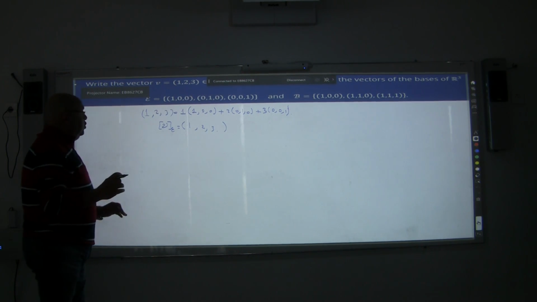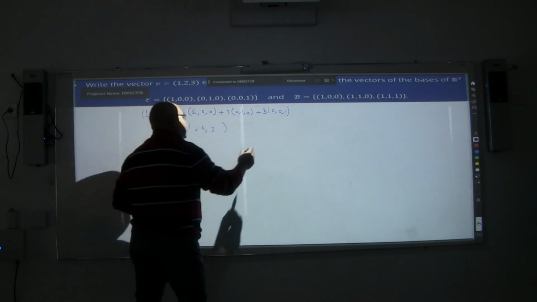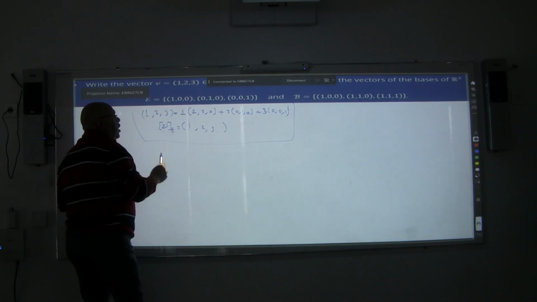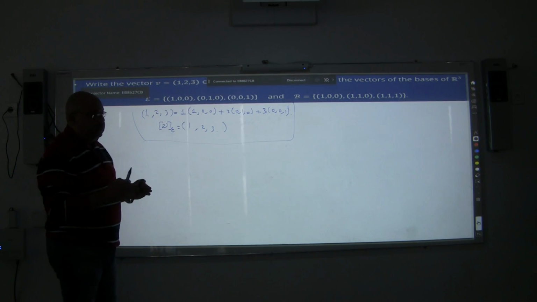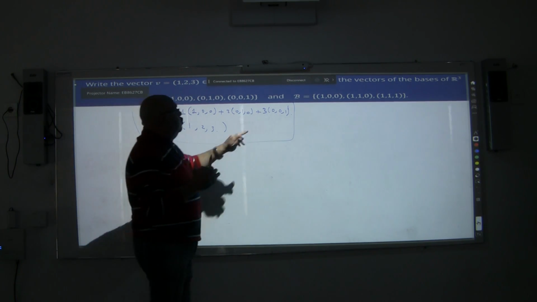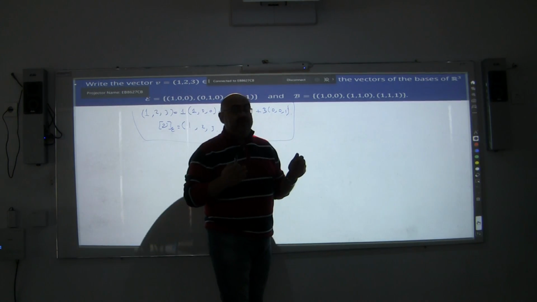Once more, if I want to get the coordinates of vector V, but not with respect to the standard basis, with respect to basis beta, this is really very simple.